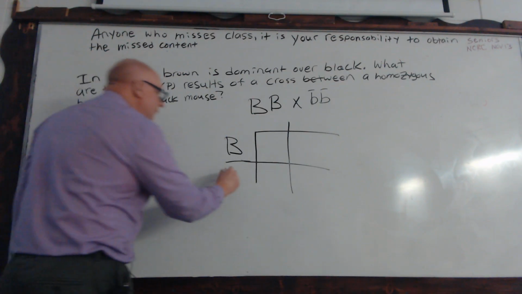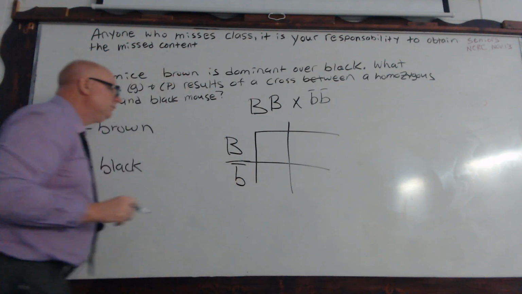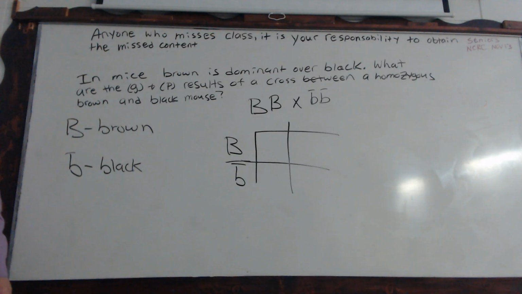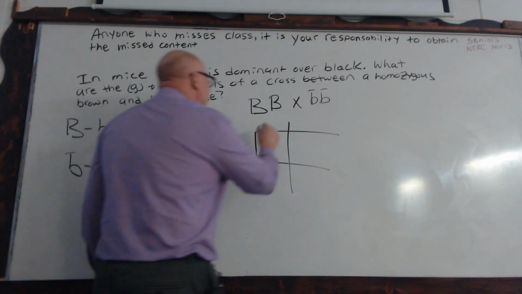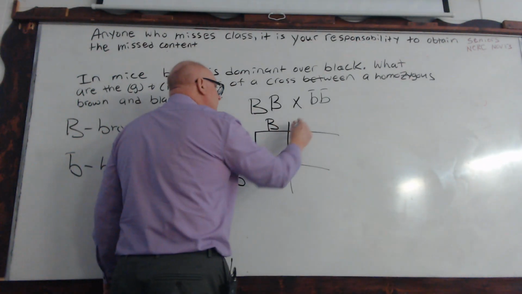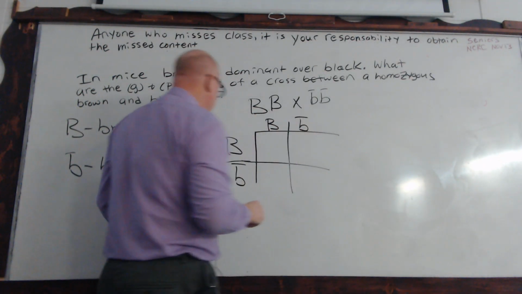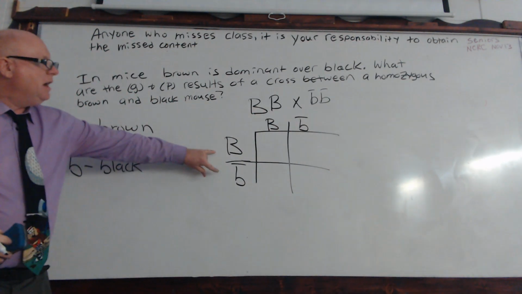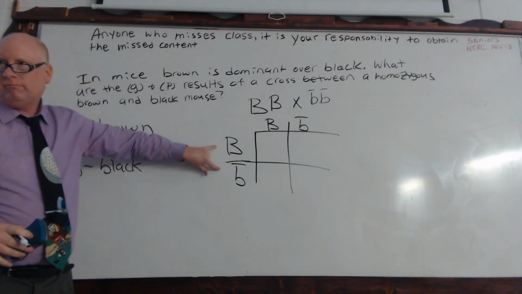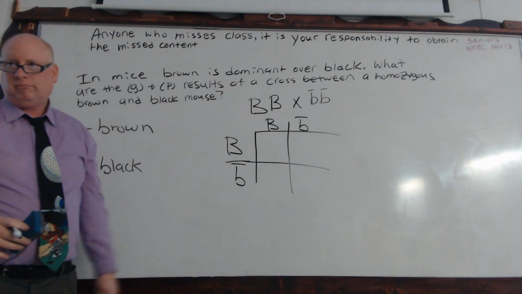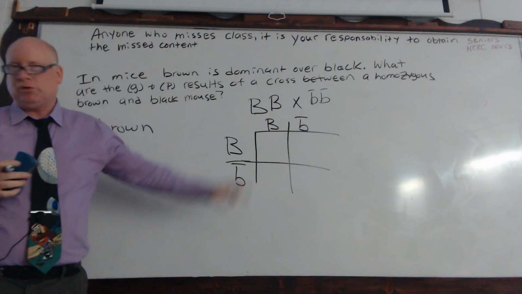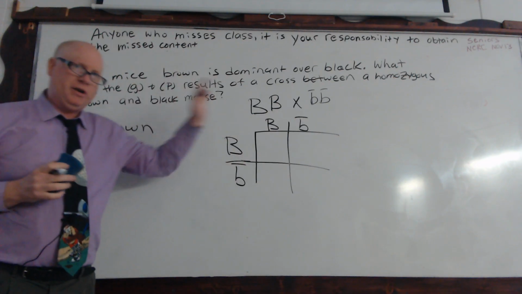Okay. What goes across the top then? Same thing. Do we see this type of genetic combination? The answer is no. This is wrong. This would be 100% wrong.